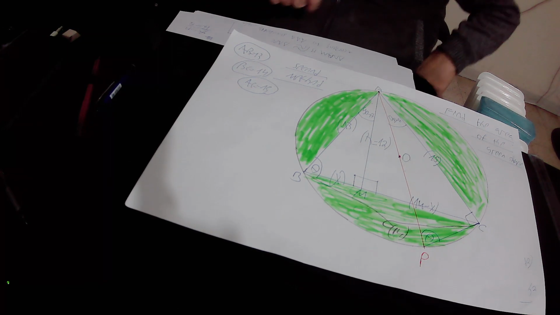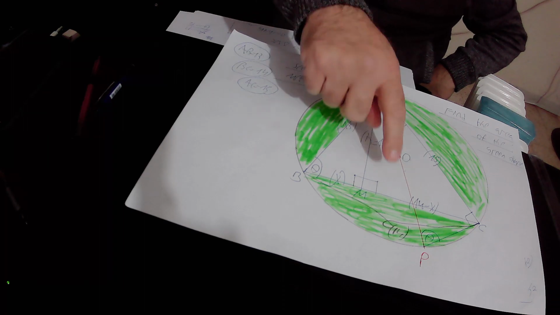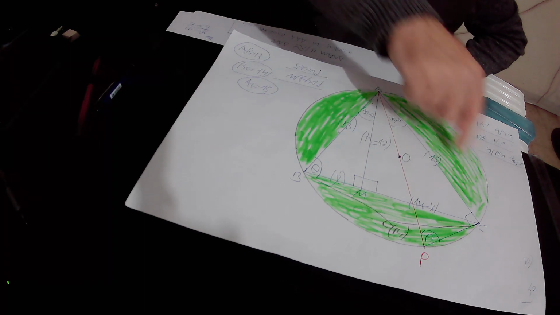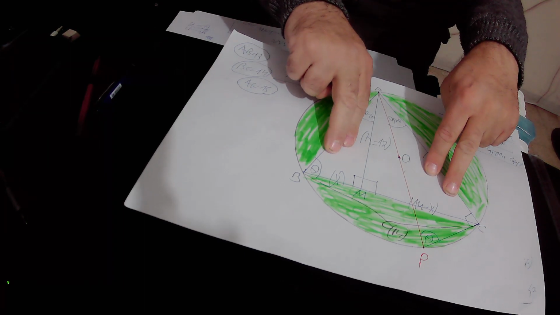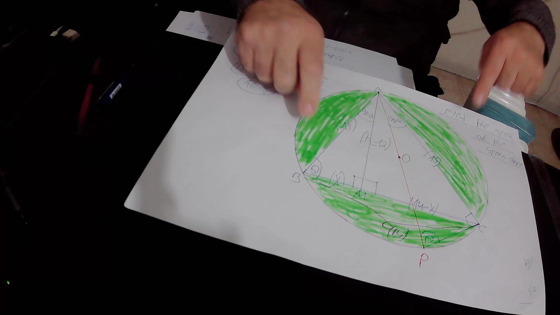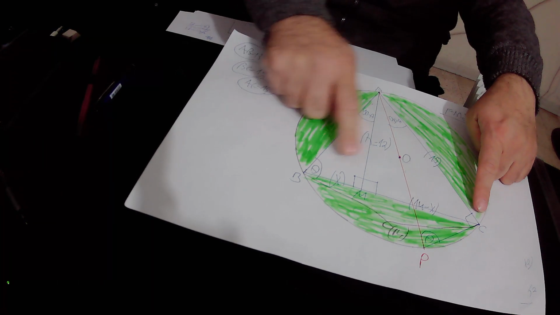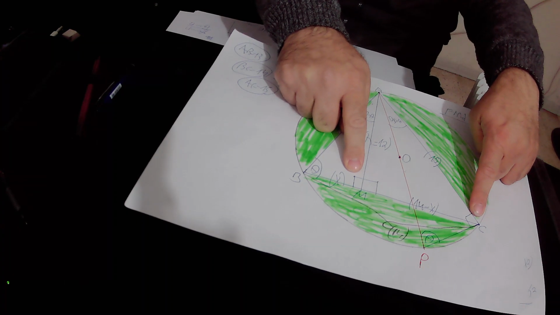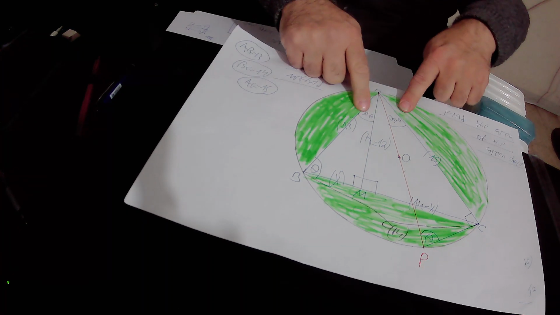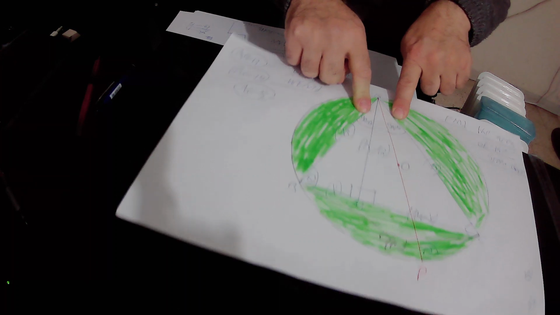Then we proved that the right triangle ABM is similar to the right triangle APC. Why are those two right triangles similar to each other? First of all, those two angles are both equal to theta, therefore they are equal to each other. In addition, those two angles are both equal to 90 degrees. And finally, those two angles are both equal to 90 degrees minus theta.